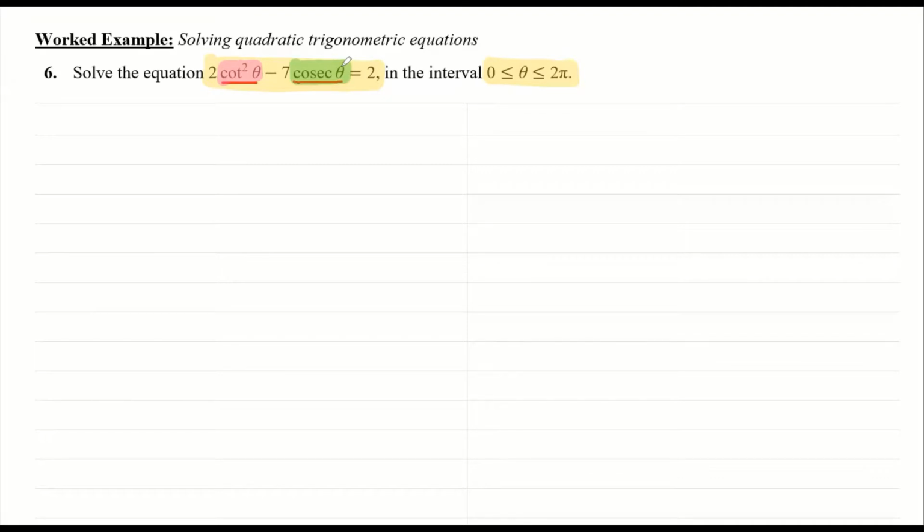When we were doing this in year one, there is a basic approach. If you look at the non-squared term here, this is telling us how to start the problem. The clues are there if you know how to read them. This is telling us to get this quadratic in terms of cosec theta.